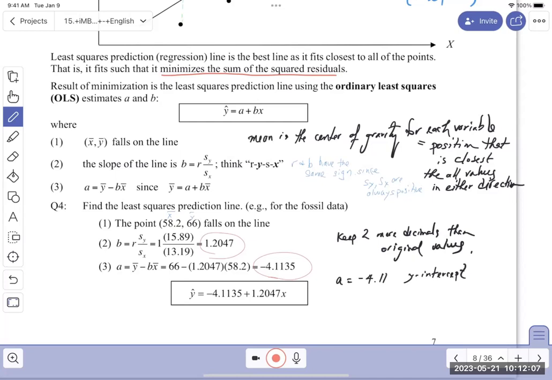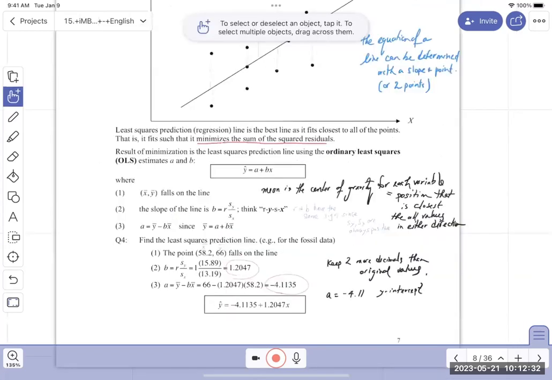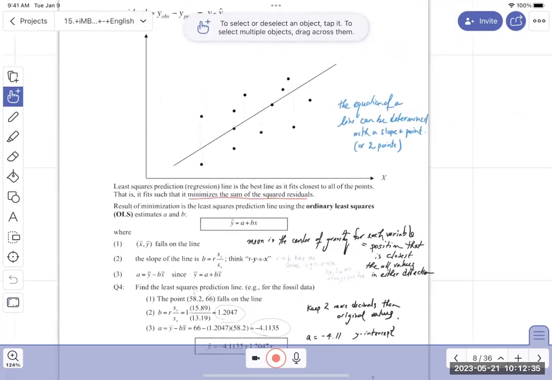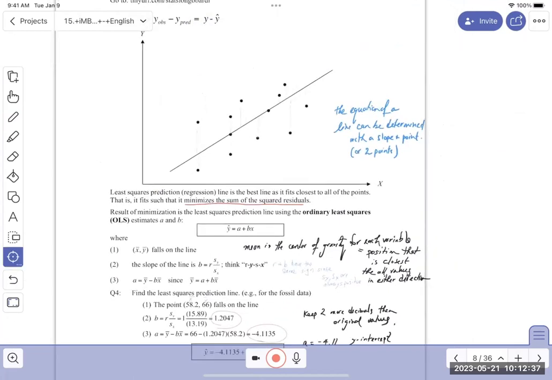I'm asking you a high school question. But the difference between high school and statistics, or university level, is that this line is not infinite. The least squares regression line only exists around the range of the data.